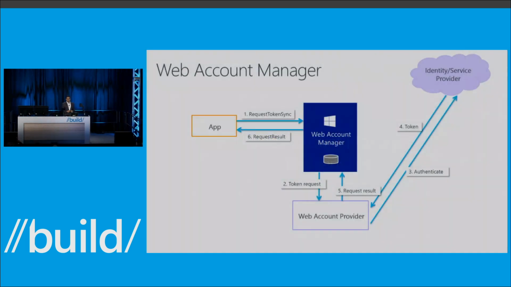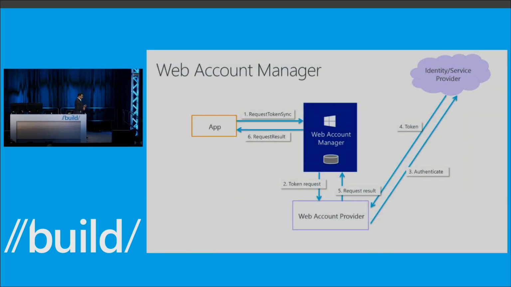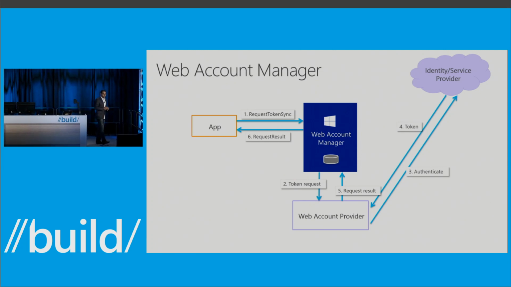Well, so far what we've done is we've talked about all the APIs that apply to the orange box, the app that's trying to connect to services and wants to request tokens and then be able to talk to services. Let's talk about the web account provider side of things. So far we've seen the Microsoft provider and other providers that can plug in.